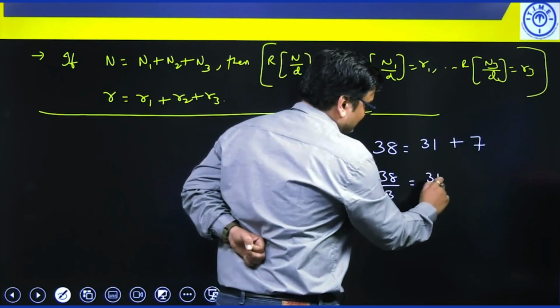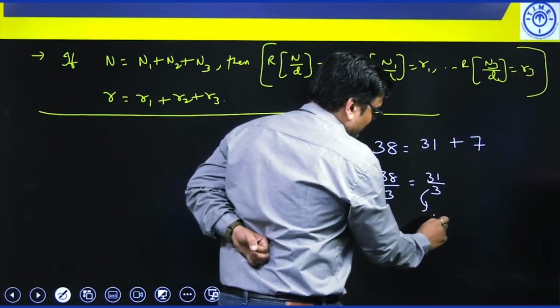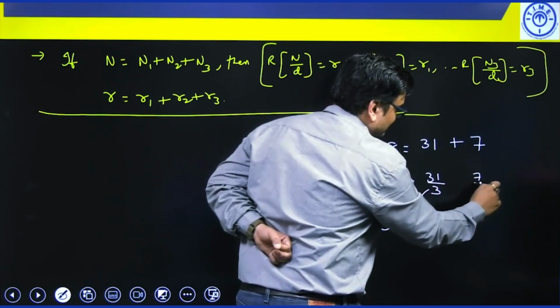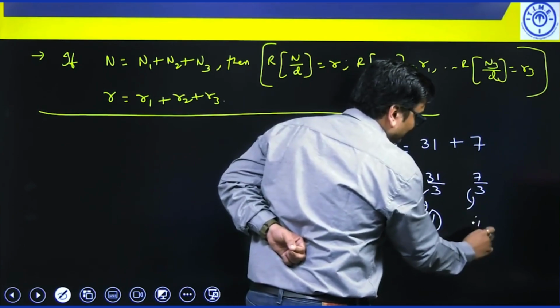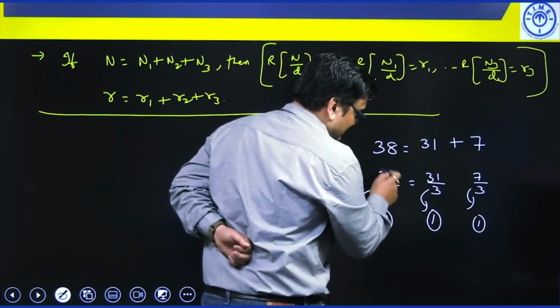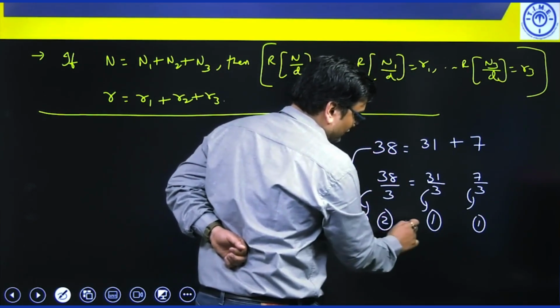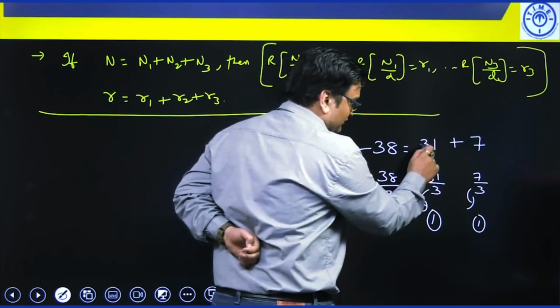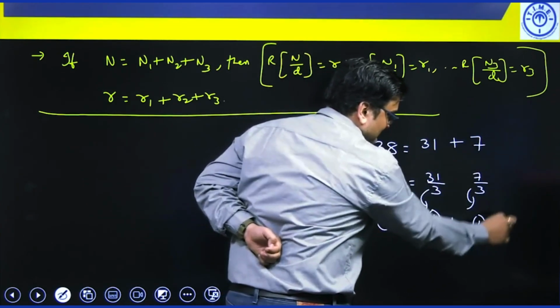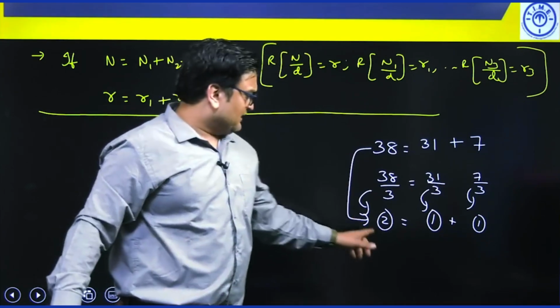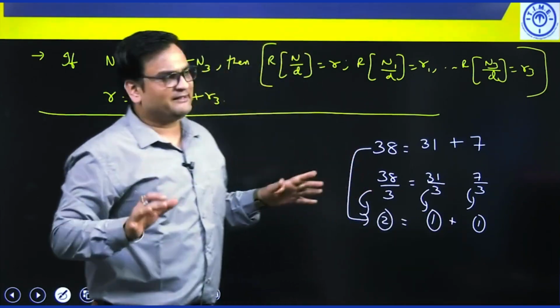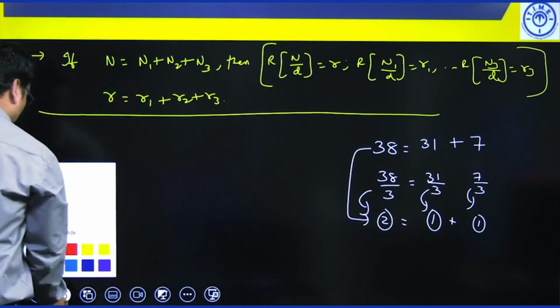Now 31 by 3, what's the remainder? It's 1. 7 by 3, what's the remainder? It's 1. And as you can see here, the corresponding remainder in the first case, r, is equal to r1 plus r2. So r is equal to r1 plus r2 is absolutely alright. So we can just accept this rule.